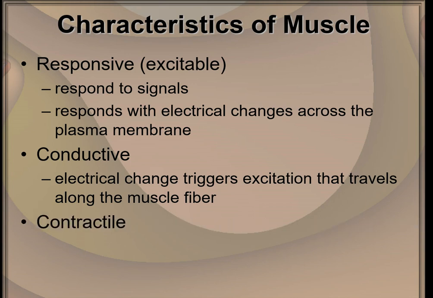Contractile. This you probably knew. When a muscle is stimulated, its response, if the stimulus is strong enough, is to contract. It shortens. The two ends get closer together. So do muscles always pull or do they always push? Pull. Muscles always pull.